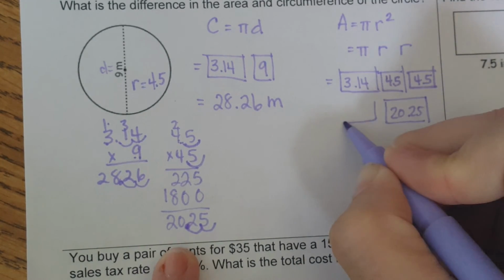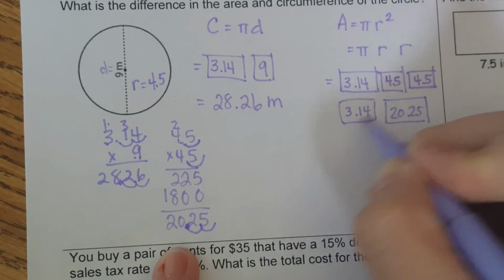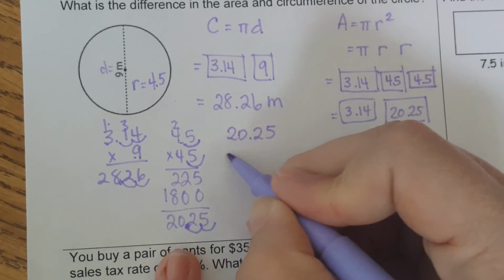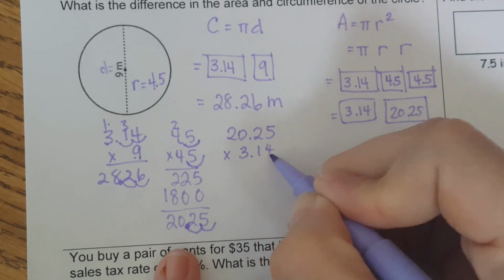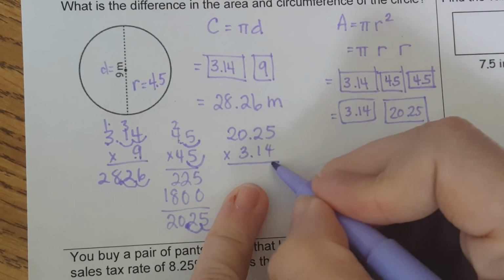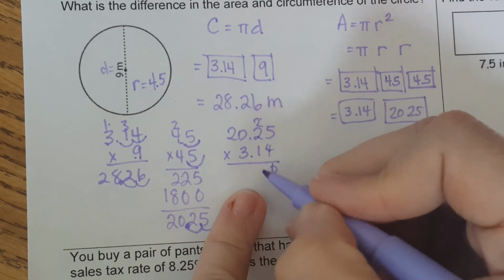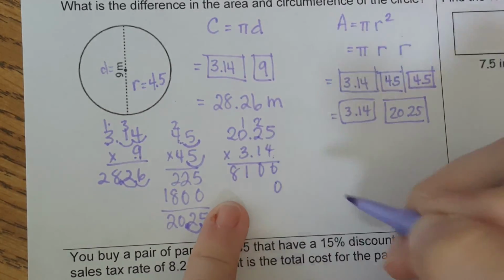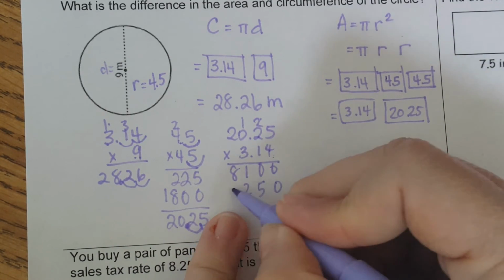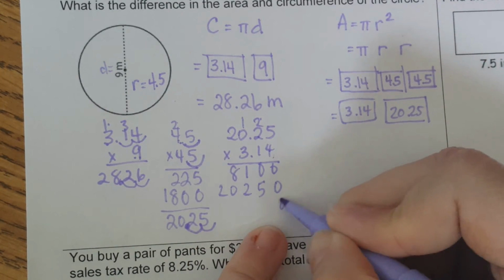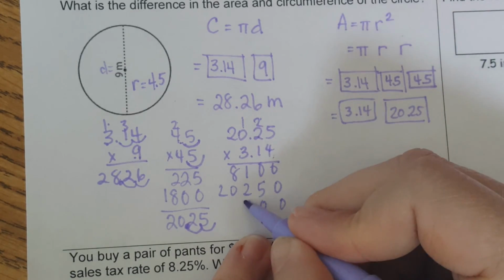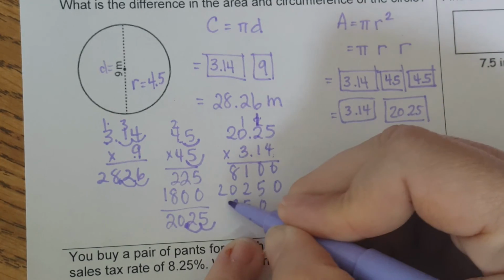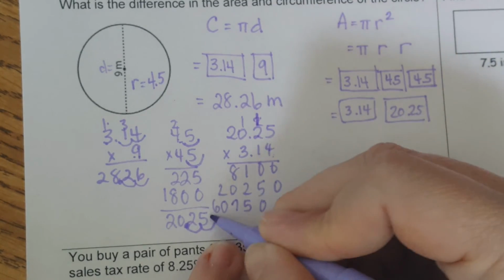We still have to multiply it times 3.14. Okay, so 20.25 times 3.14. 4 times 5 is 20. 8, 10, 1, 8, 0 placeholder. 5, 2, 0, 2. 2 placeholders. 3 times 5 is 15. Carry the 1. 6 and 7, 0 and 6.